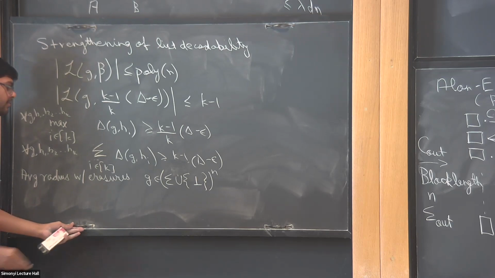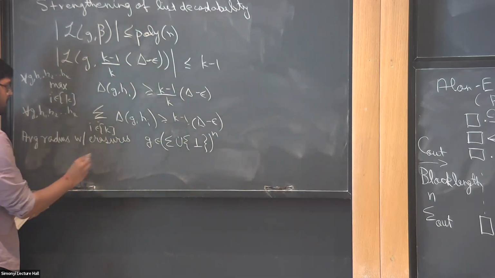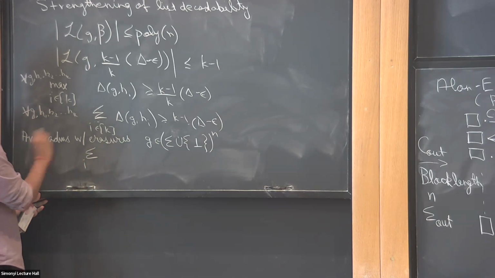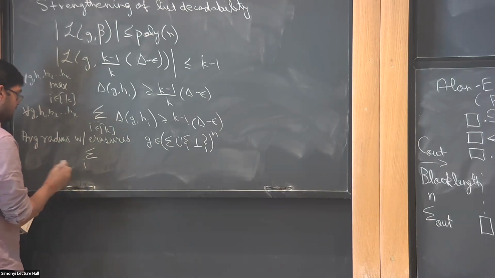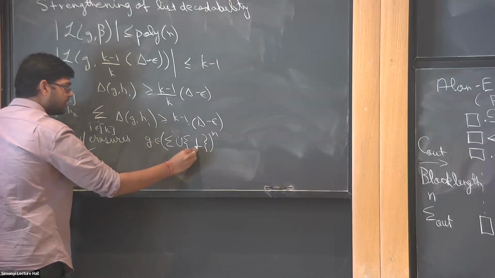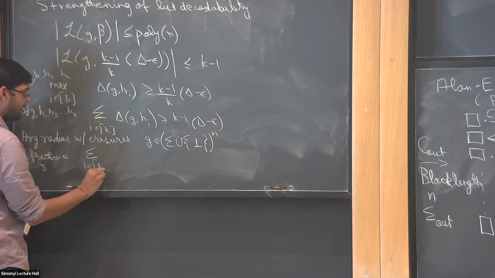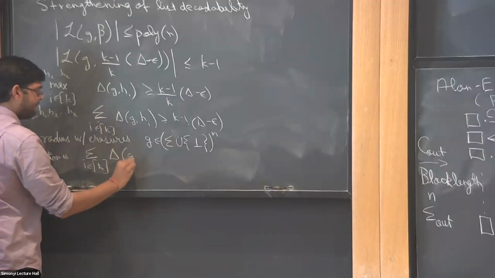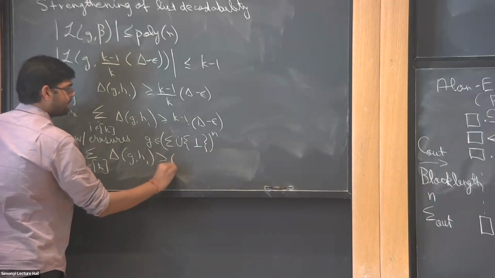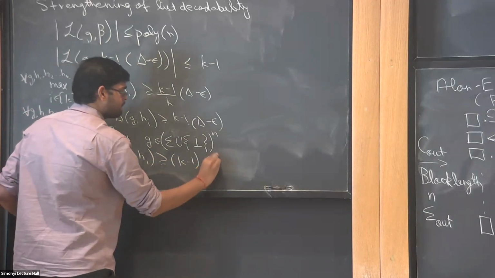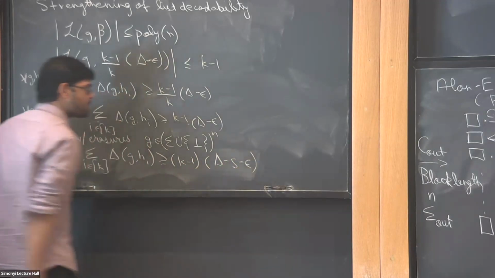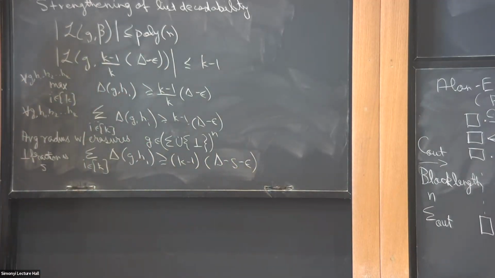And again, for all G, for all H1 to Hk, if G has S fraction of these erasure symbols, then their distance is k minus 1 delta minus S minus epsilon.